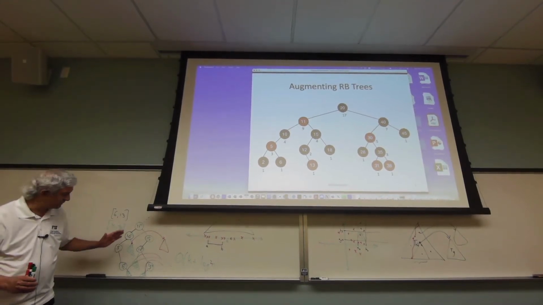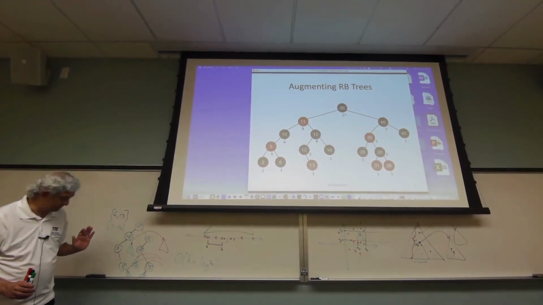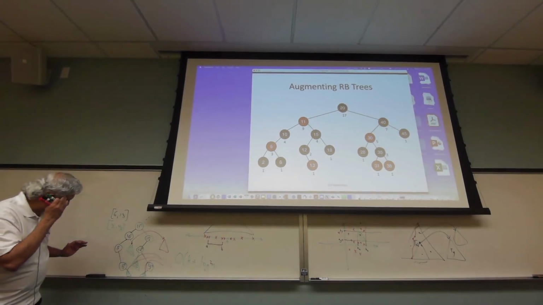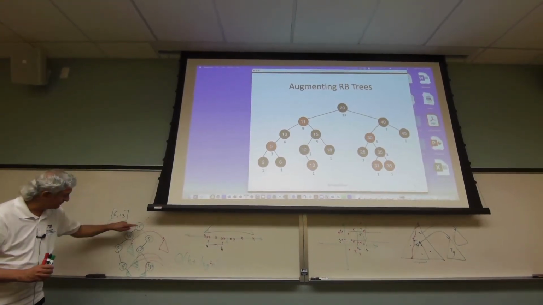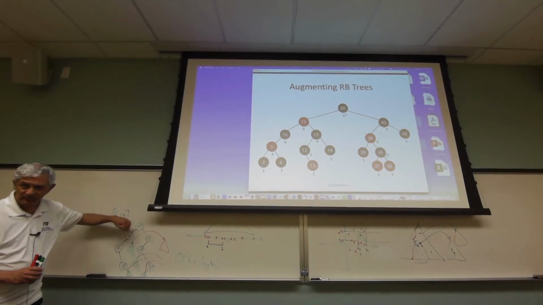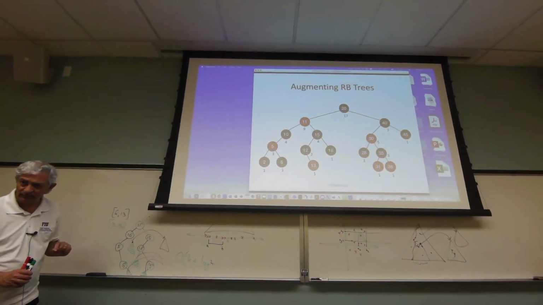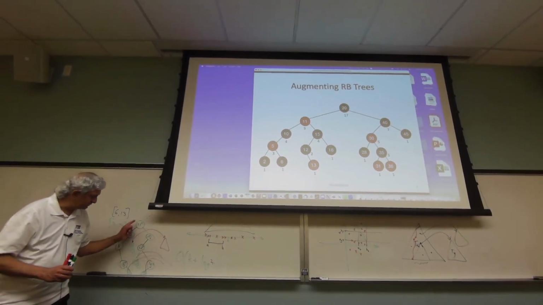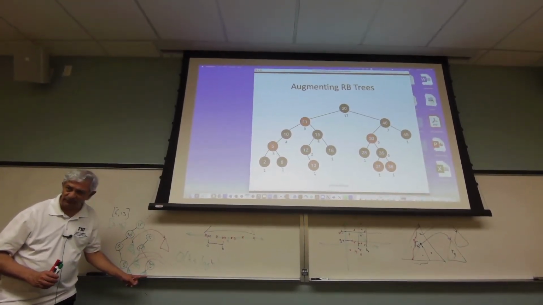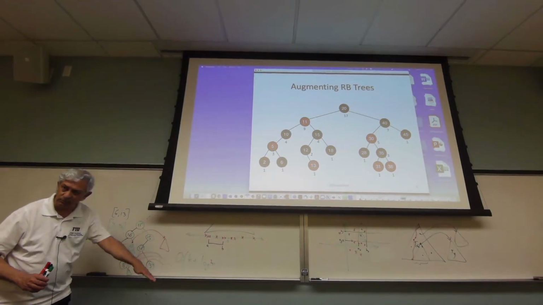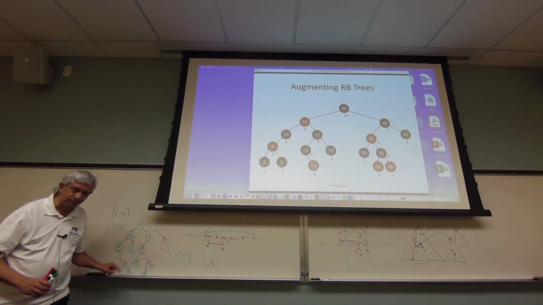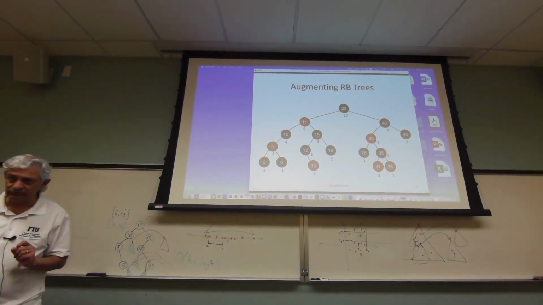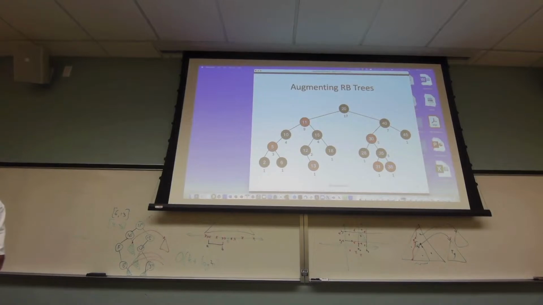Otherwise, I only star the things where I'm going left, where you're not going right. So this and this, you're going left, and therefore you're going to include that. And on this side, I will do the exact same thing, but I'll search for 13, and I'll only keep track of things where you're going right, because if I'm going right, I'm going to be left with a tree hanging that I have to search. Right? Yeah.